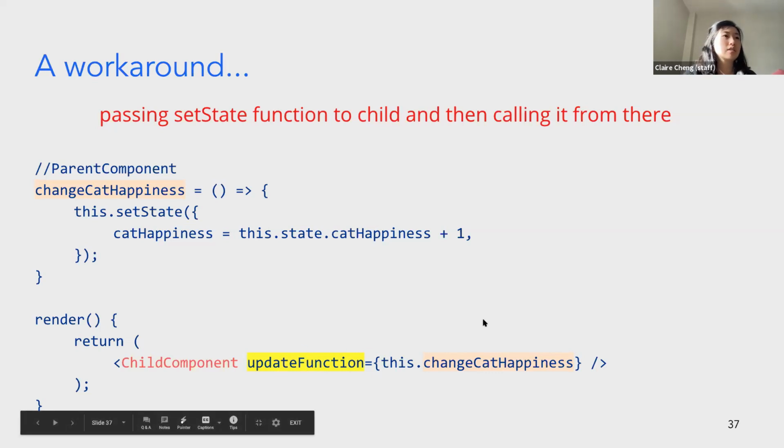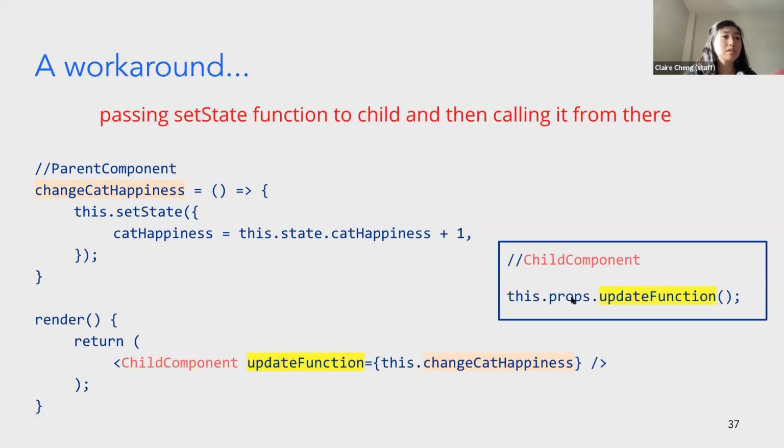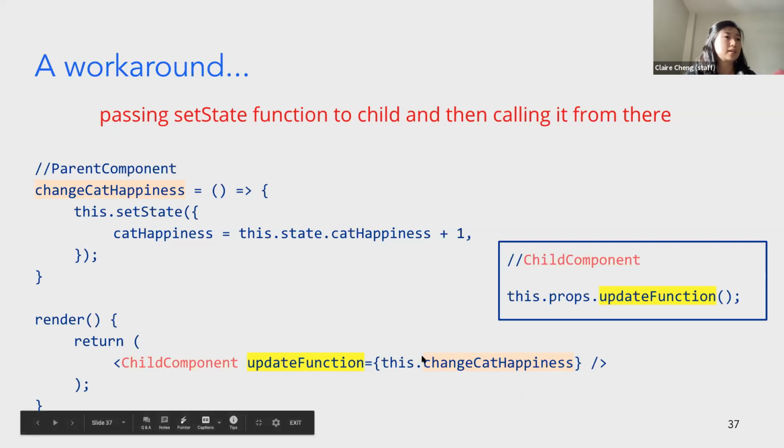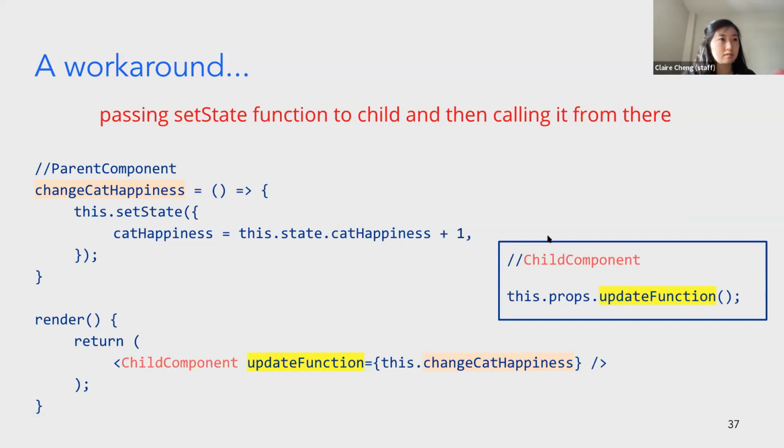So now in our child component, we can just do this.props.updateFunction, and doing this will call changeCatHappiness in the parent component, because that's what we passed in here. And that's how we can change the state of the parent component from a child component.